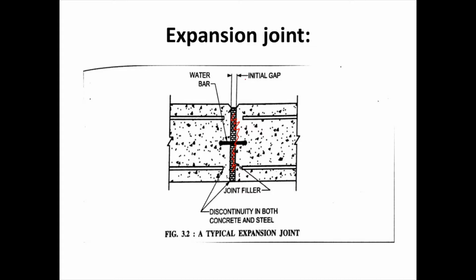This initial gap is a minimum of 30 mm, not more, and this is filled by joint filler or water bars. A water bar is just a simple bar, but joint filler and water bar, these are filled. This is for compaction and sometimes expansion. So this joint gives the space for the expansion of concrete.